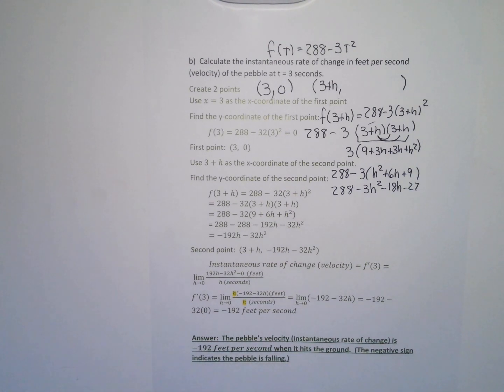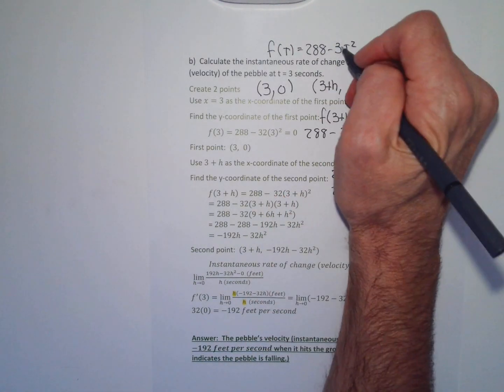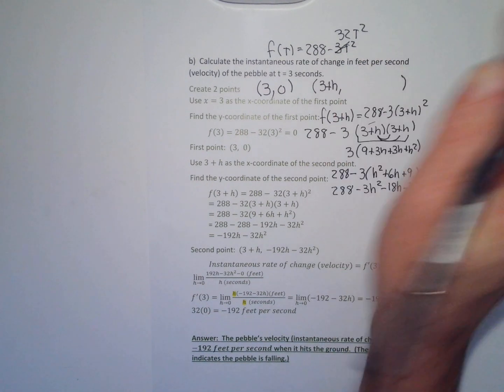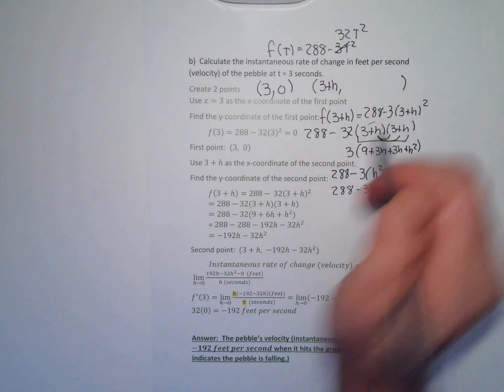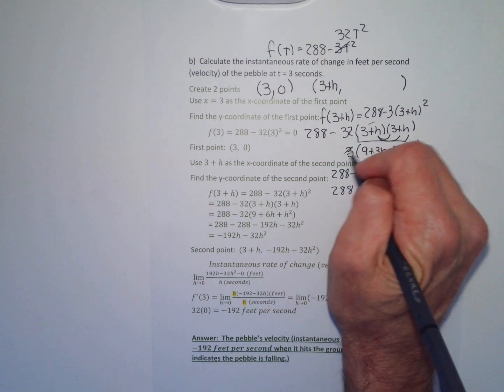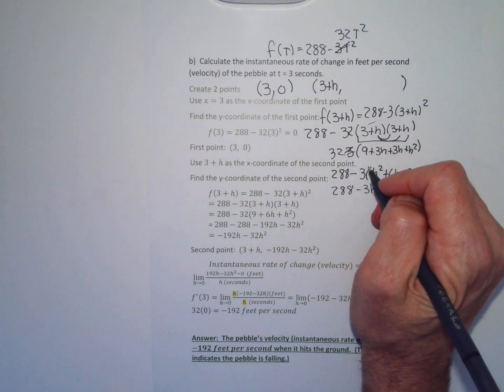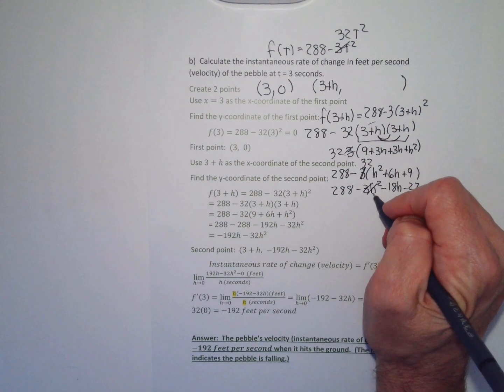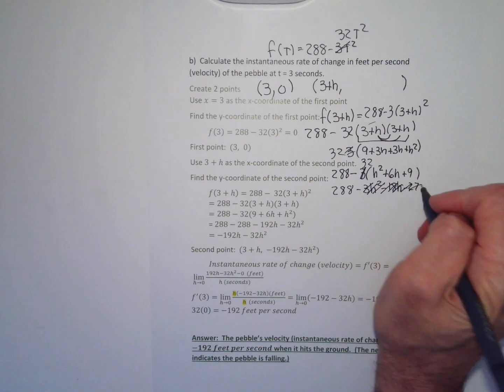I think I'm messing up. That should be a 32 out front. This should be minus 32 t squared. So this 3 right here should be a 32, and this one, and this one. That makes things a whole lot worse, but let me fix that.